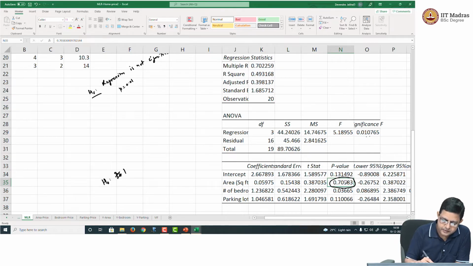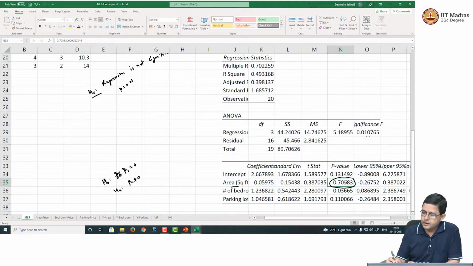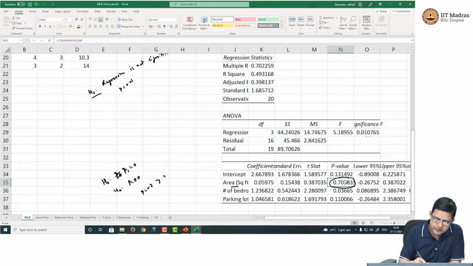So we are saying that this beta 1, right, area, beta 1 is 0, and an alternate hypothesis that this beta 1 is actually not 0. Now this p-value is 0.7, which is much larger than my 0.05, so we are saying that I cannot reject this null hypothesis.